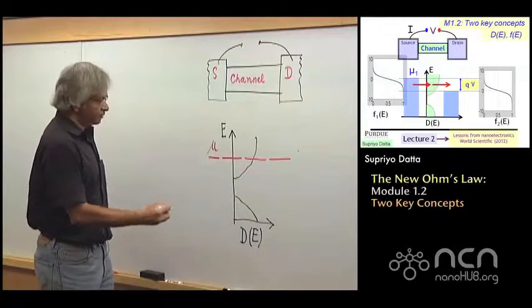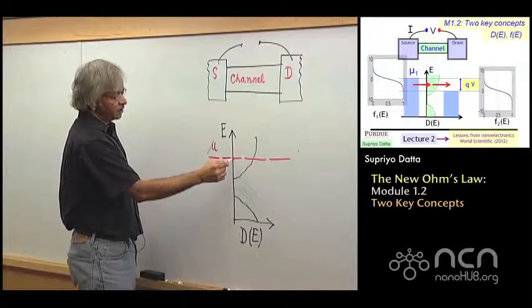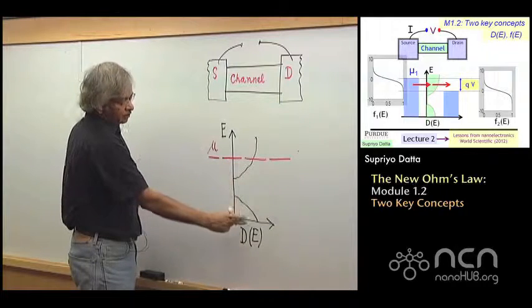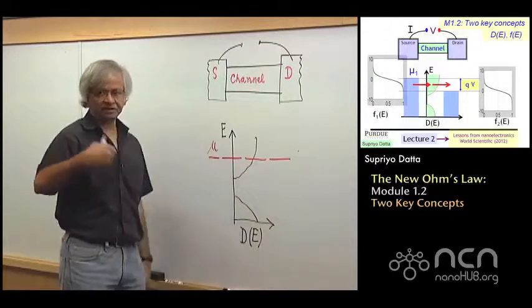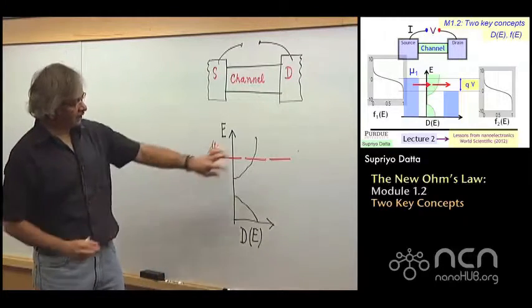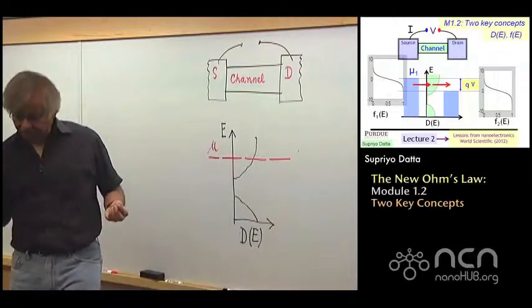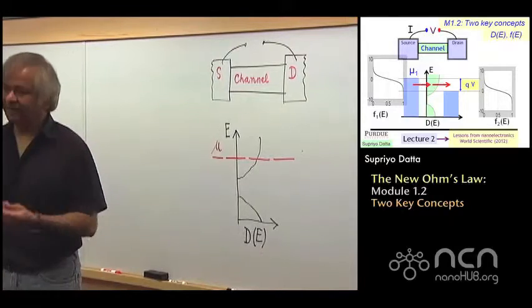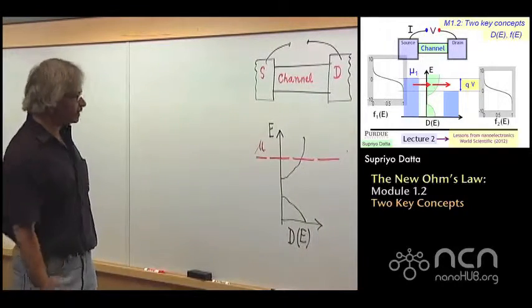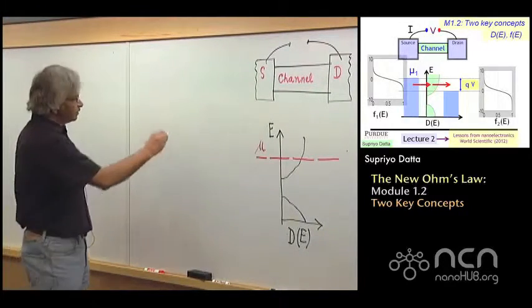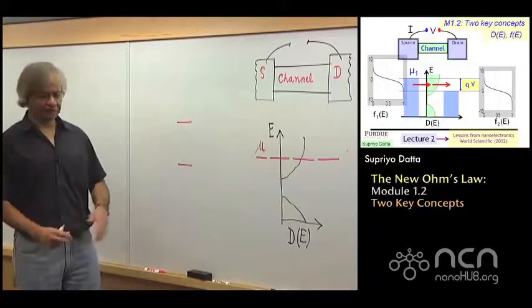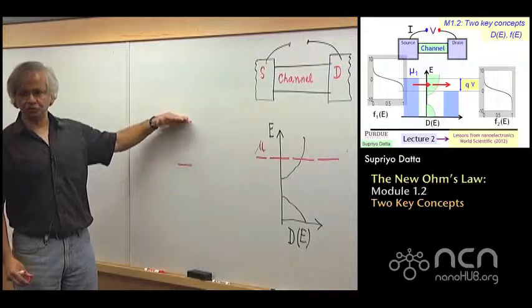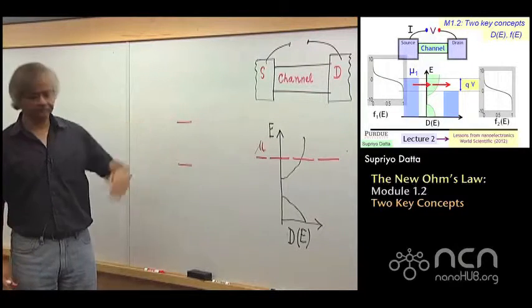So let's say you're interested in some energy here, then this density of states value here tells you how many states per unit energy. Now, if you looked at an atom, for example, you would have discrete states like this. Like in a hydrogen atom, there is this 1s level, and then there's a 2s, 2p, etc.